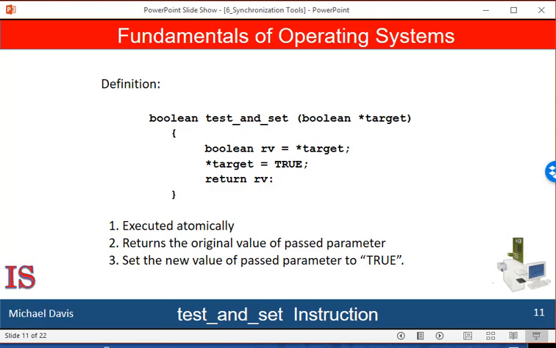The important characteristic of these instructions is that they are executed atomically. Therefore, if two test and set instructions are executed simultaneously, each on a different core, they will be executed sequentially in some arbitrary manner.